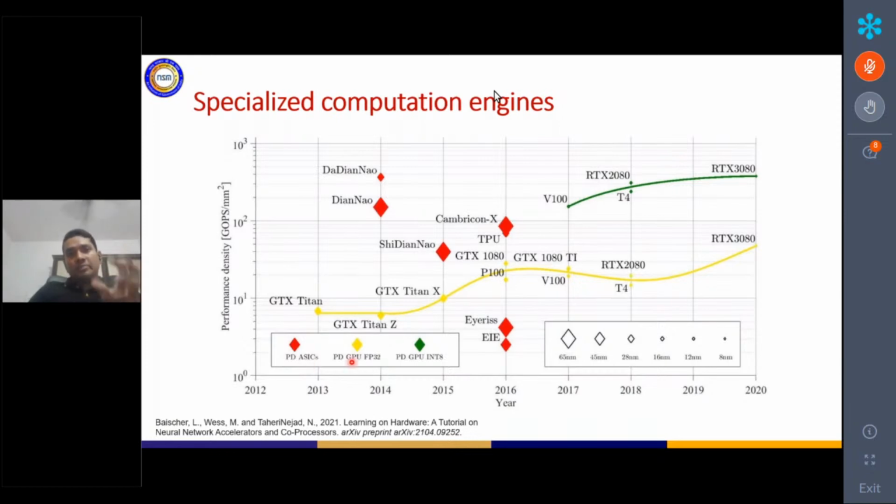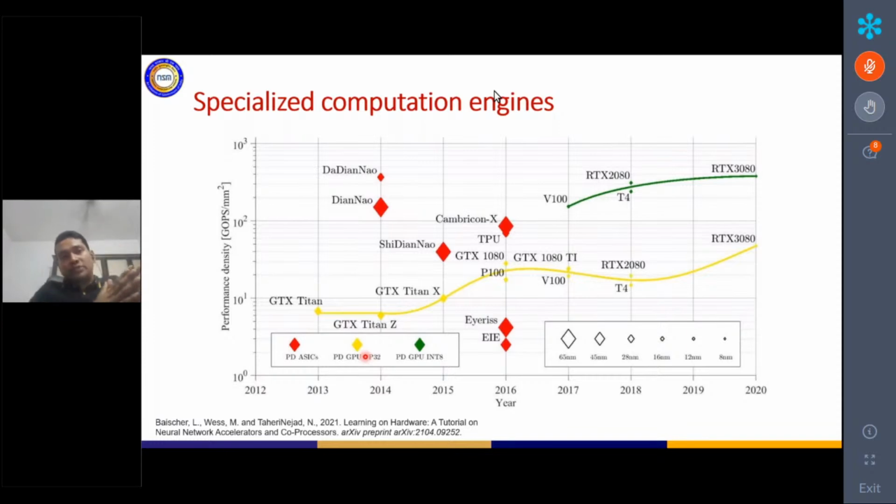And also we have GPUs available in this graph. Now GPUs can give you the flexibility to run both AI benchmarks as well as, let's say, video or graphics benchmarks. So now you can try to realize how generalized the computing can be.